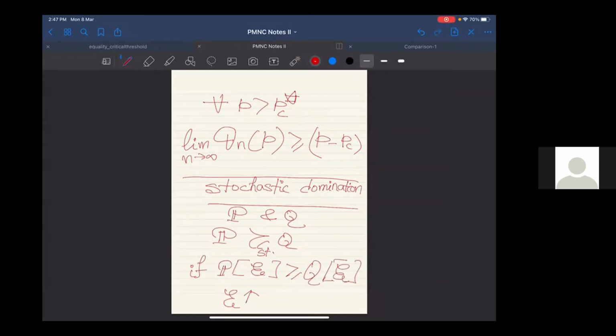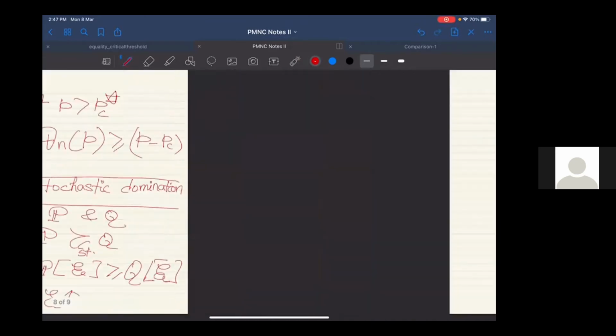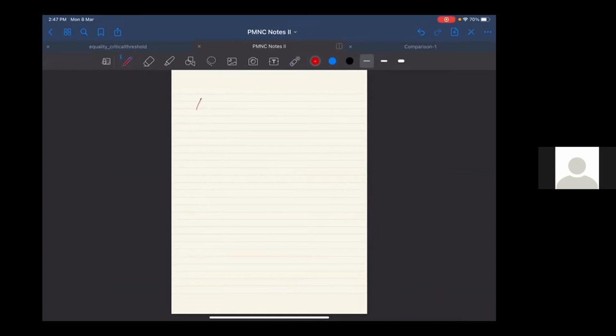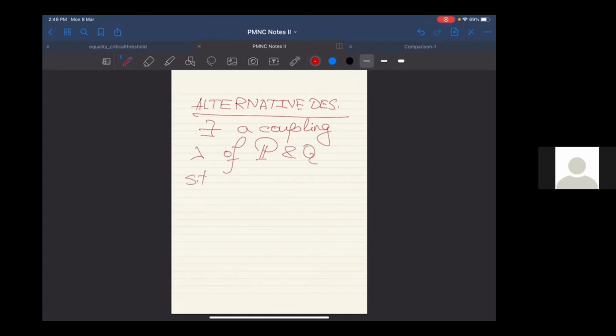Another way to see that, which is an equivalent characterization, is that there will be a coupling. So this is an alternative description. There exists a coupling lambda of P and Q such that, under lambda, what does coupling mean?